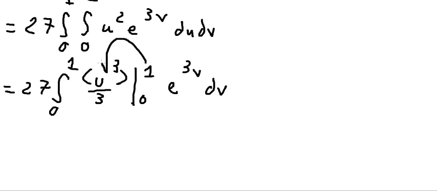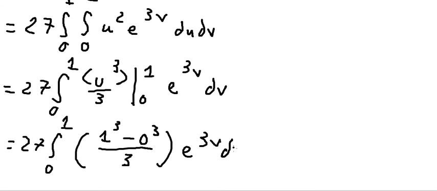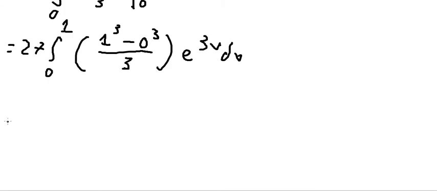We put number 1 in here, number 0 in here. We simplify and we got 1 over 3. So I will put 1 over 3 in here.